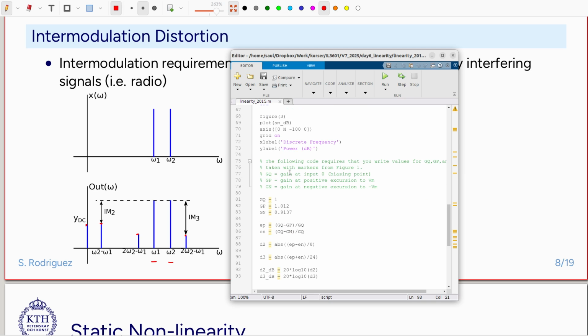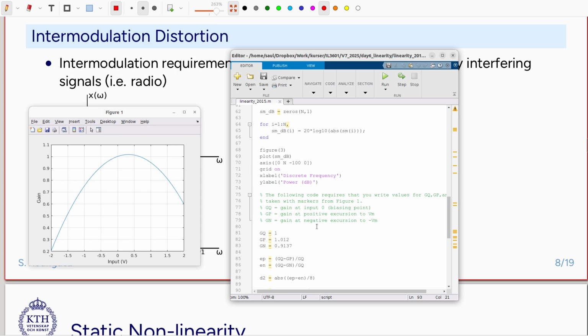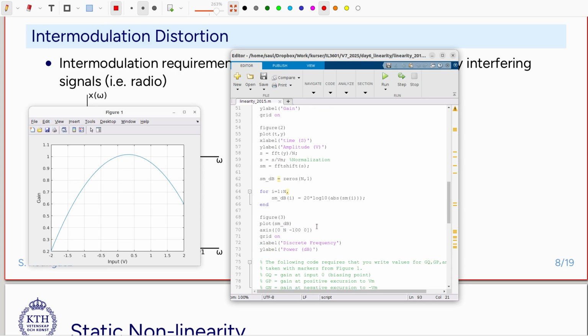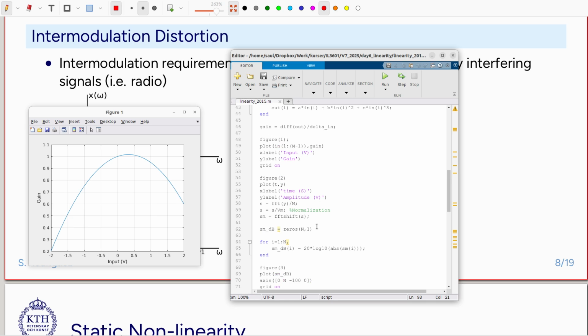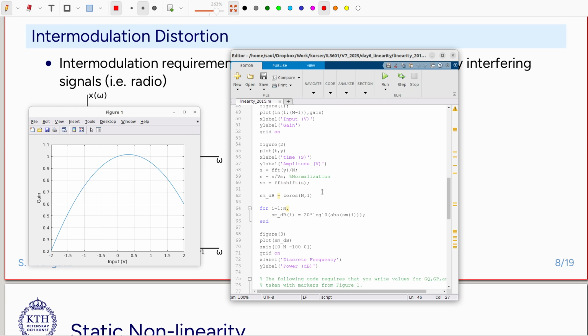So we run this simulation very quickly. First, I differentiate the nonlinear equation to obtain this gain. I differentiate and obtain this curve here, and with this curve I can extract the errors.